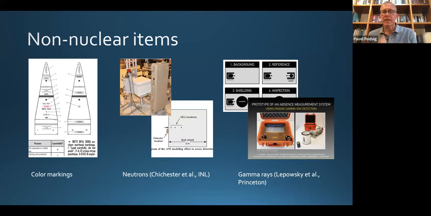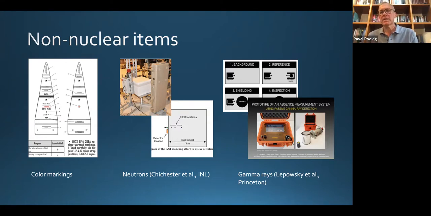This is the active neutron pulse source, and they are looking at delayed neutrons, I believe, and basically they could detect very small amounts of material. Alex Glaser and his group at Princeton did this gamma ray setup, where you just need to make sure that there is no shielding there, and they do that with the reference source, which is in fact an active method in a way.